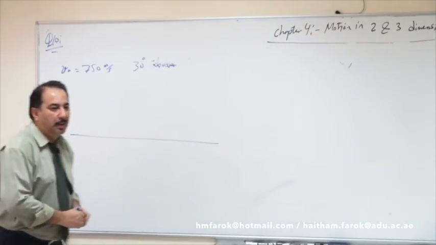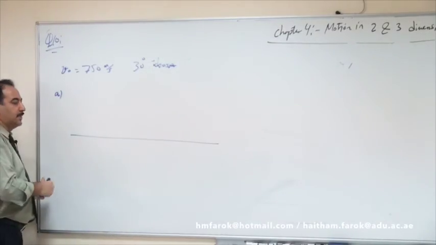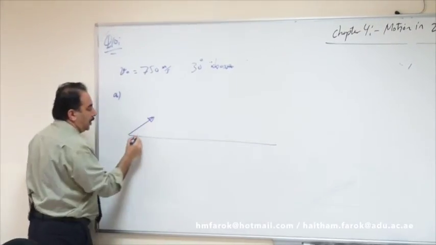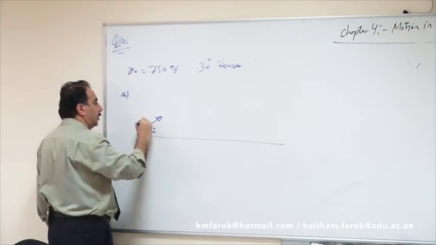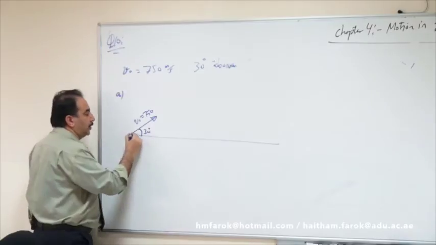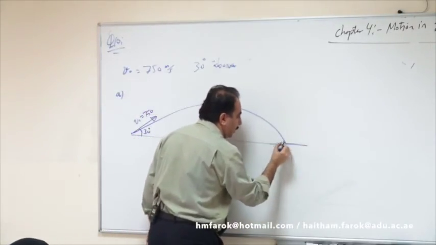Right. I'll repeat the question because I'll just draw it first. Let's say I have symmetric. What's the firing angle? 30. This is theta naught. And the speed? Of course, if it's symmetric, it goes up and back to the same level.